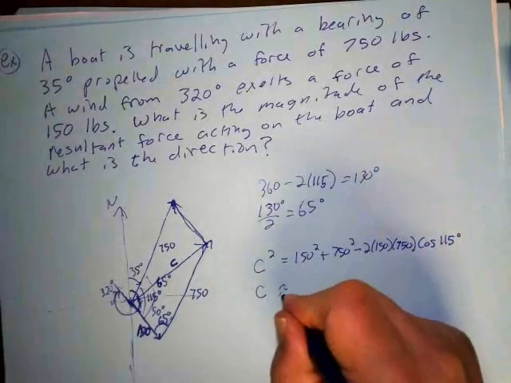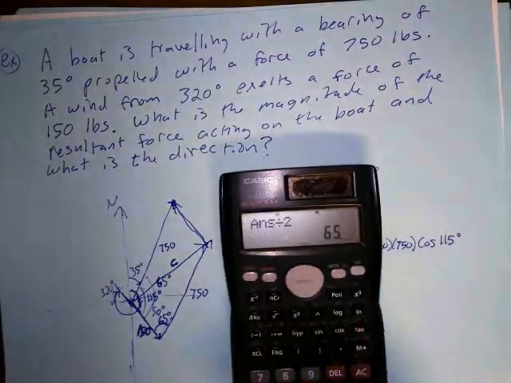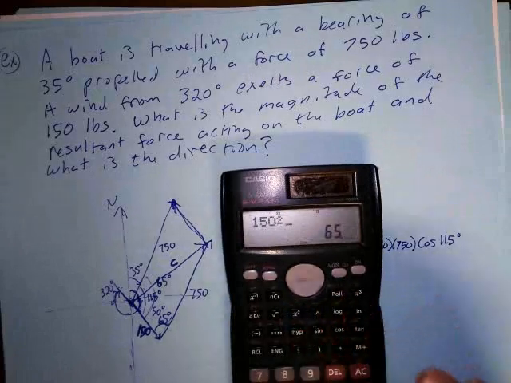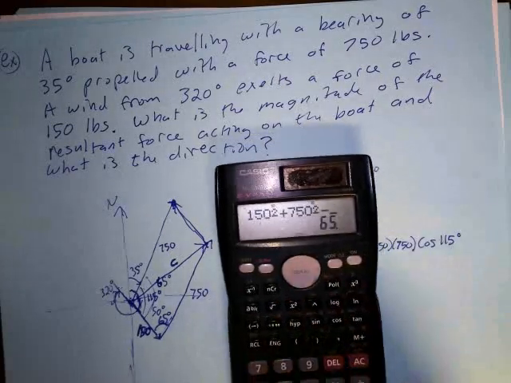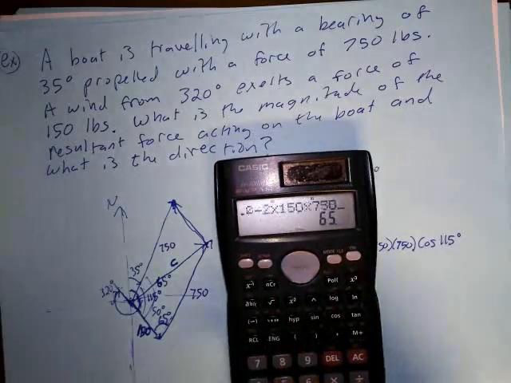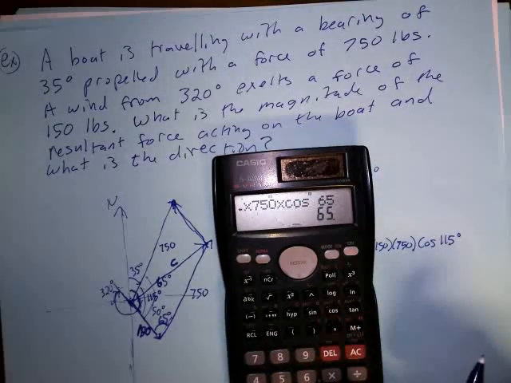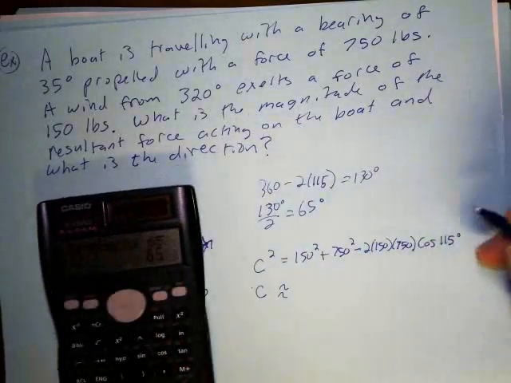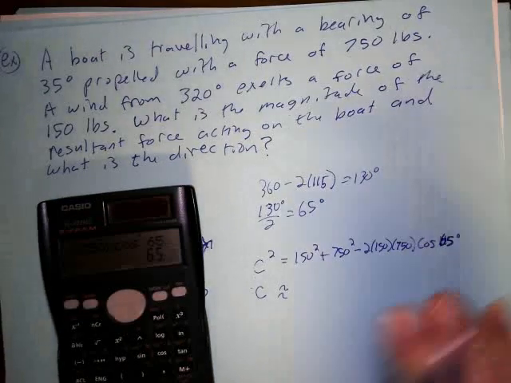and then my c is going to be approximately... let me put all that in and then take the square root. So 150 squared plus 750 squared minus 2 times 150 times 750 times cosine of 65 degrees. I wrote this wrong before; this should be 65 degrees.